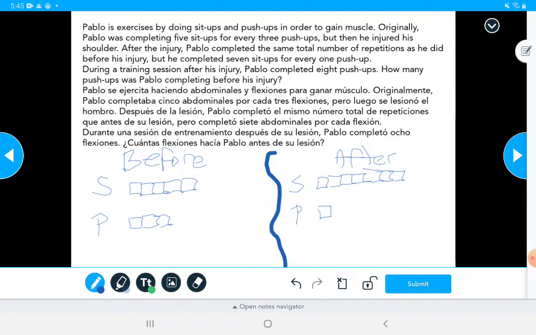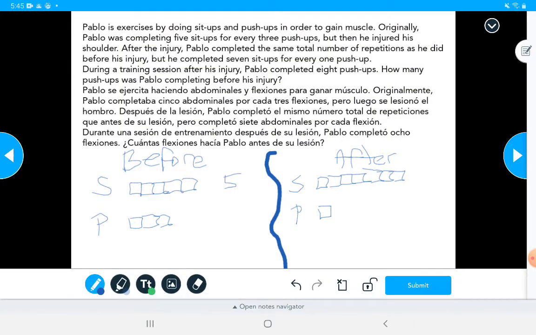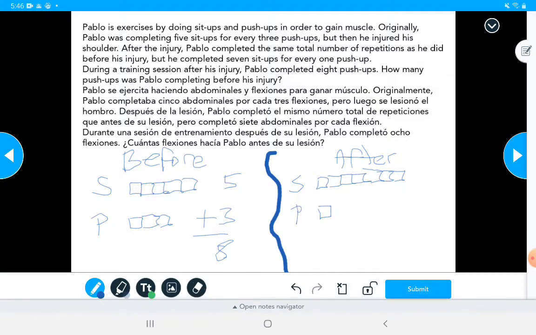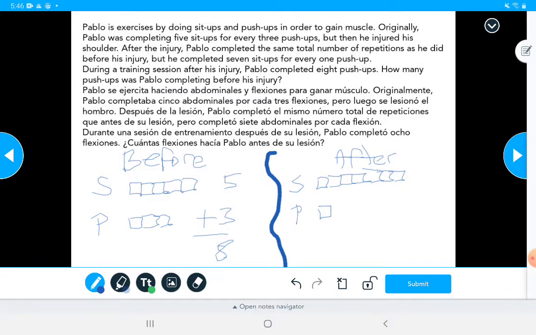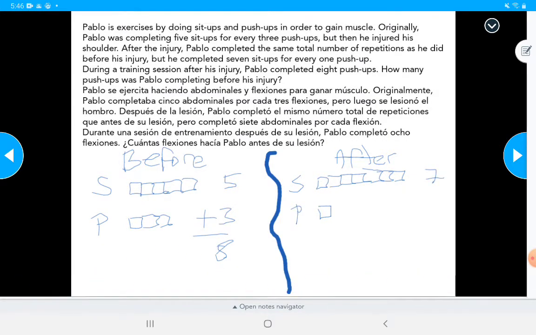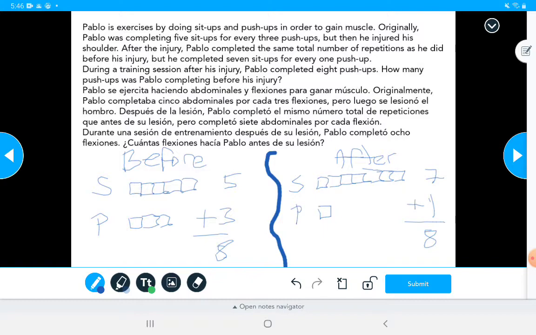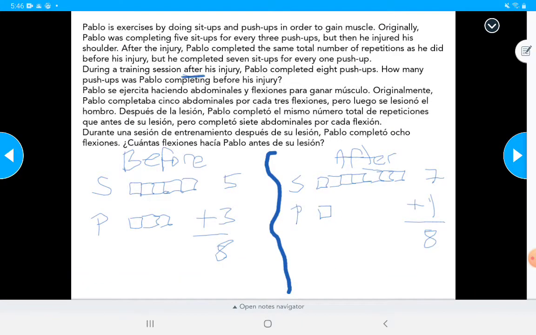Okay, so this would be 5 total sit-ups before, 3 total push-ups before, which would be 8 total exercises. And on the other side, he's got 7 total sit-ups plus 1 push-up, which gets us 8 total exercises. So on both sides, the exercise number is the same. Now, we know here that after his injury, he completed 8 push-ups.